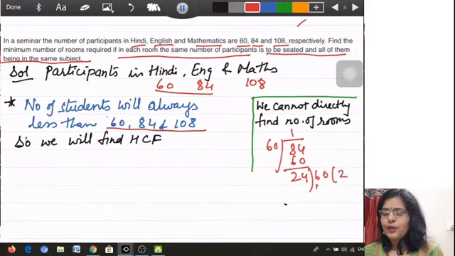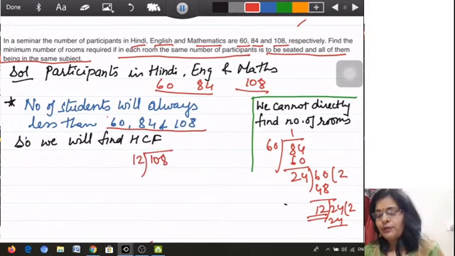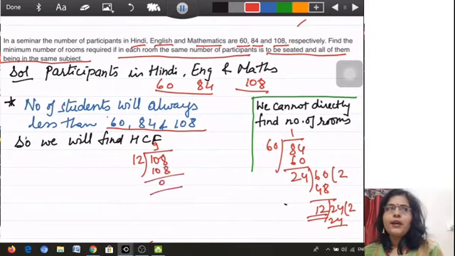Then 24 twos are 48, and we get 12, and 12 twos are 24, so this is our HCF. Now since we have 3 numbers, 108 will be divided by this 12, and we see that 12 nines are 108. So our HCF is 12.